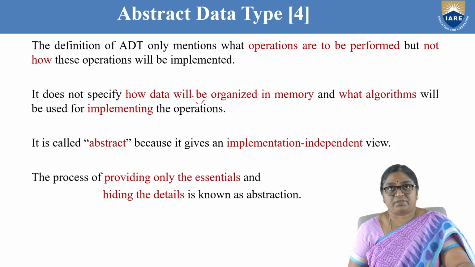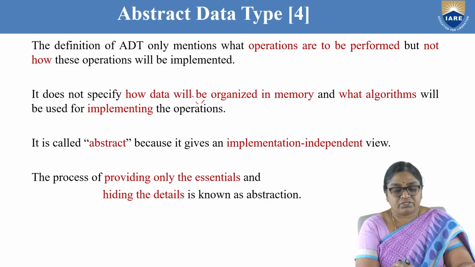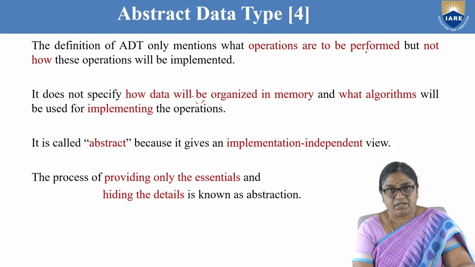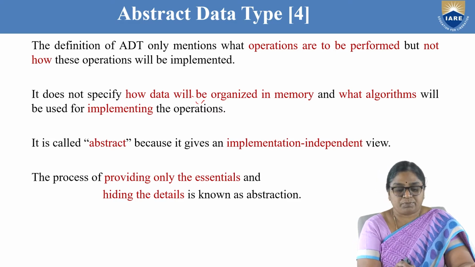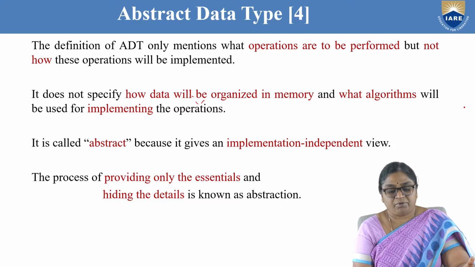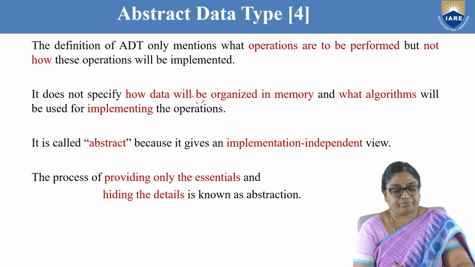Next one is abstract data types. The definition of ADT, abstract data type, only mentions what operations are to be performed, but not how these operations will be implemented. It does not specify how data will be organized in memory and what algorithms will be used for implementing the operations.